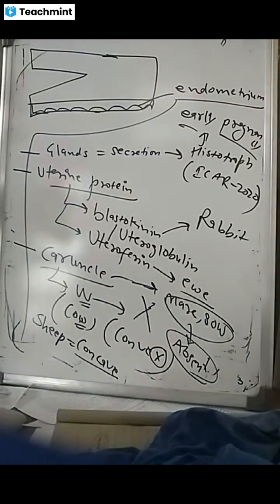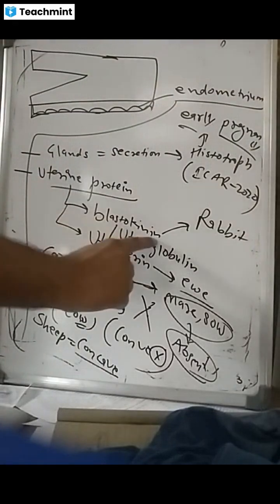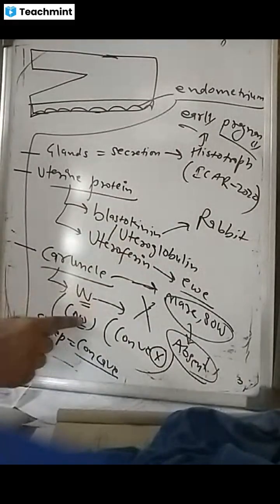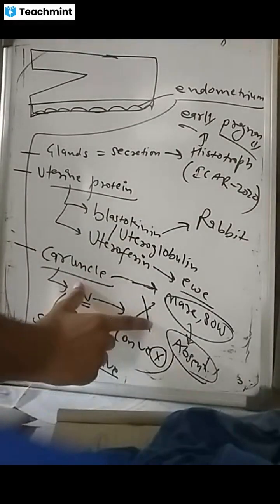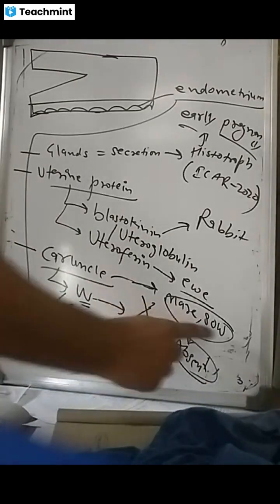So these are structures related with glandular secretion to support the embryo. Uterine protein: uteroglobulin in rabbit, uteroferrin in sow, equals W with cow, X with convex, and in mare, nothing.